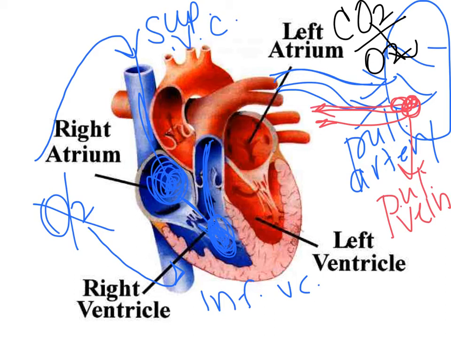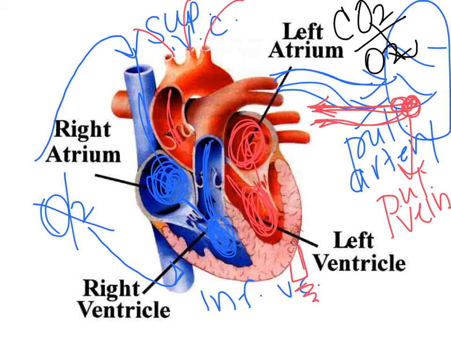So you have this lovely red blood returning into the heart via the pulmonary vein into the left atrium, the left ventricle, and then it goes out the aorta. And remember, there's a descending aorta down here. You don't have to know that, but on your diagram, it has this little artery down here.